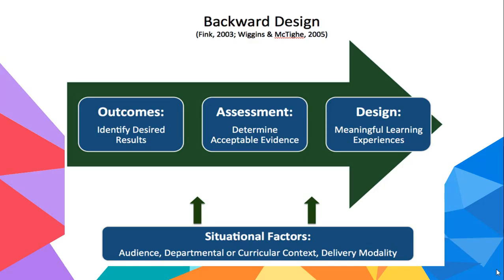So apart from gamification, I always use backward design to design my courses. Backward design is an approach to course design that helps you organize your curriculum in a more student-centered way. So the first thing that I take into account when I'm using backward design are the outcomes. What are the identified desired results?